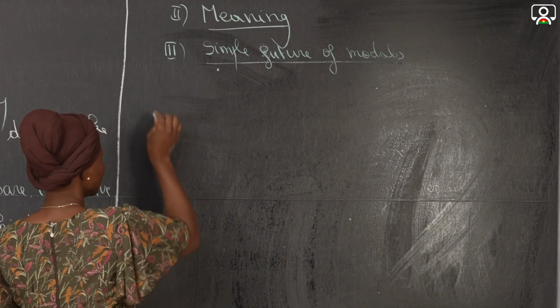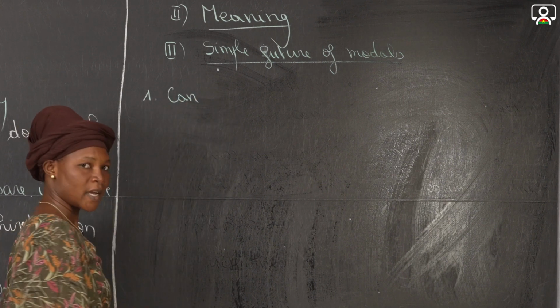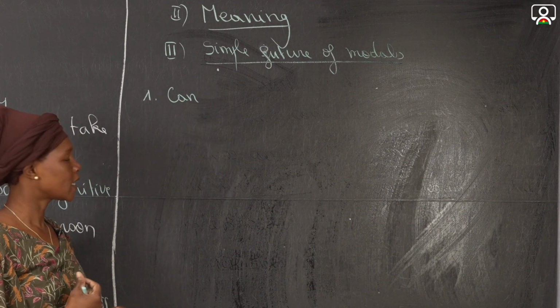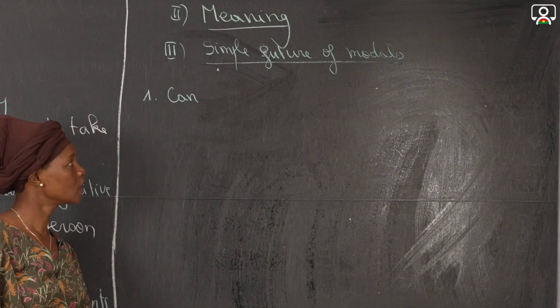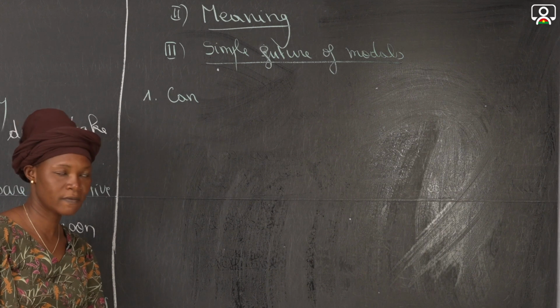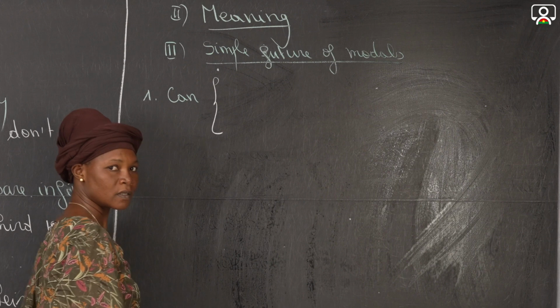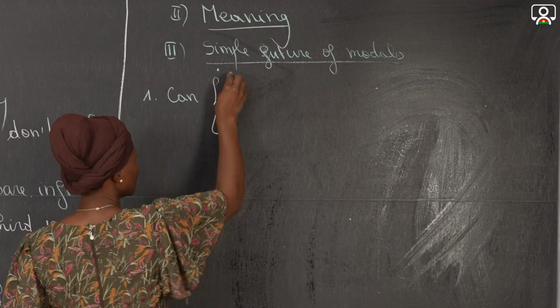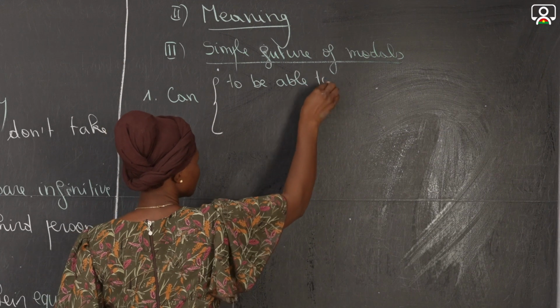So we are going to begin with can. We saw in the particularities that to conjugate this verb in the simple future form, we use their equivalents. So for can, we have two equivalents. The first one is to be able to.